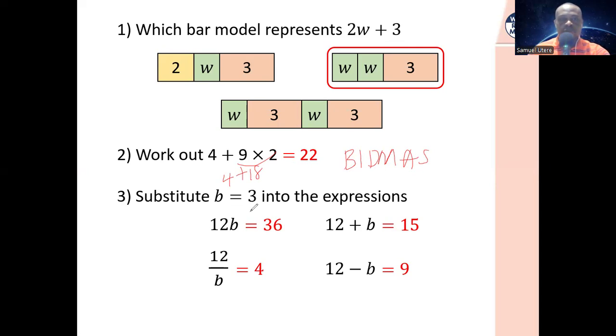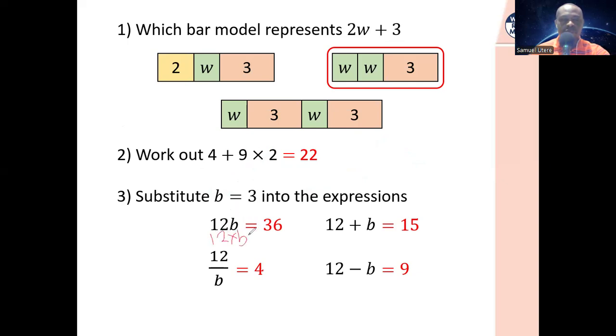Next, you were asked to substitute b equal to 3 into the expressions. So this was from your previous lesson. You should not forget how to substitute into single expressions. Here we simply replace b with 3, remembering that 12b means 12 times b.